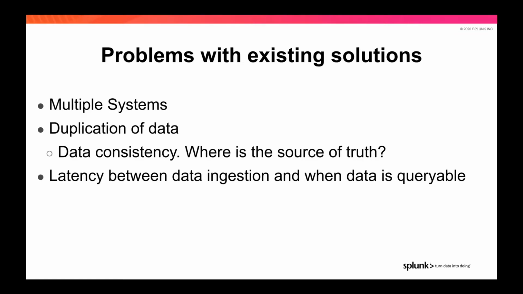Another problem is, as you probably realize, there's a duplication of data. Your more recent data is likely to exist only in your message bus, while the older data is stored in your data lake or data warehousing layer.